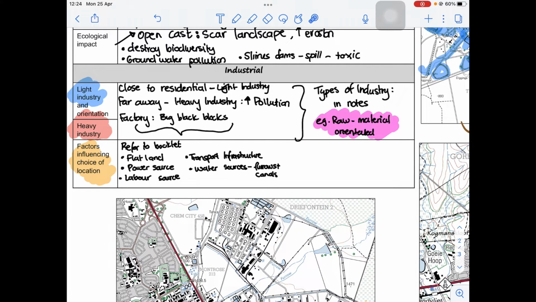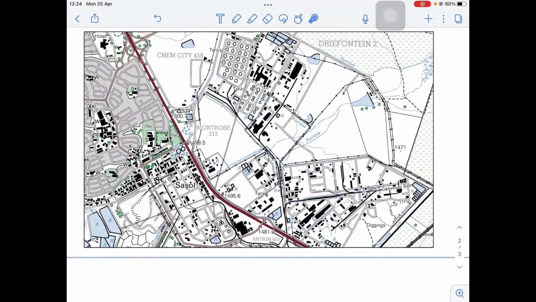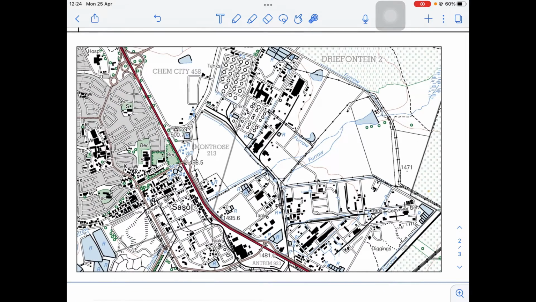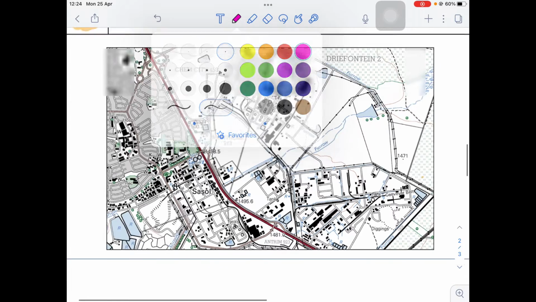Okay. How do we see these industries on a map? We look for the big black blocks, okay, because those big black blocks indicate a higher density of building development and the surface area being really great. Now, obviously the bigger the building, the more we can assume they probably want to be further out so they can utilize that cheaper land.